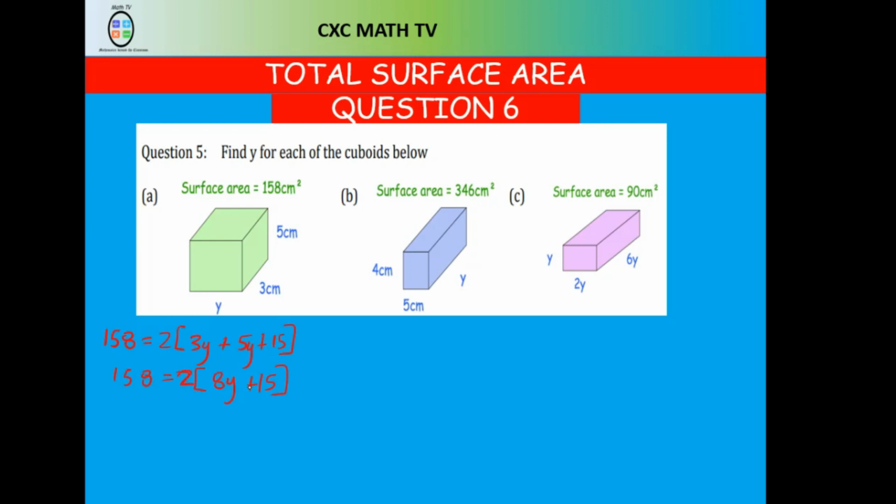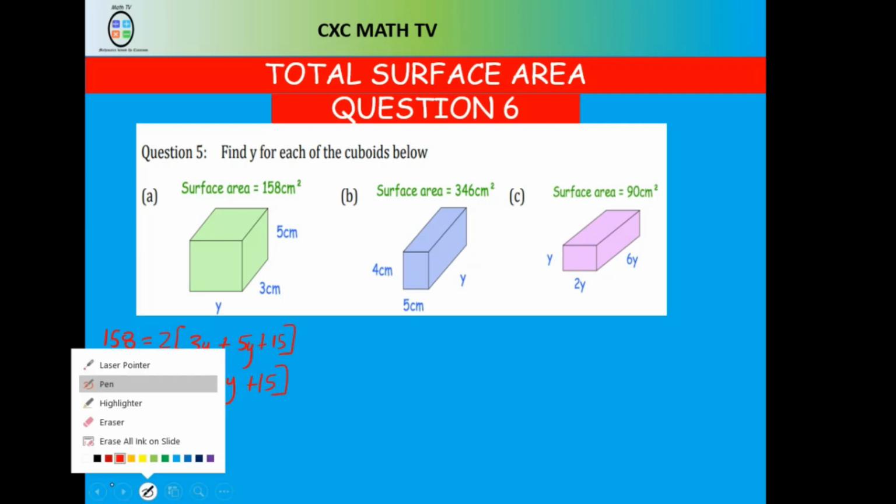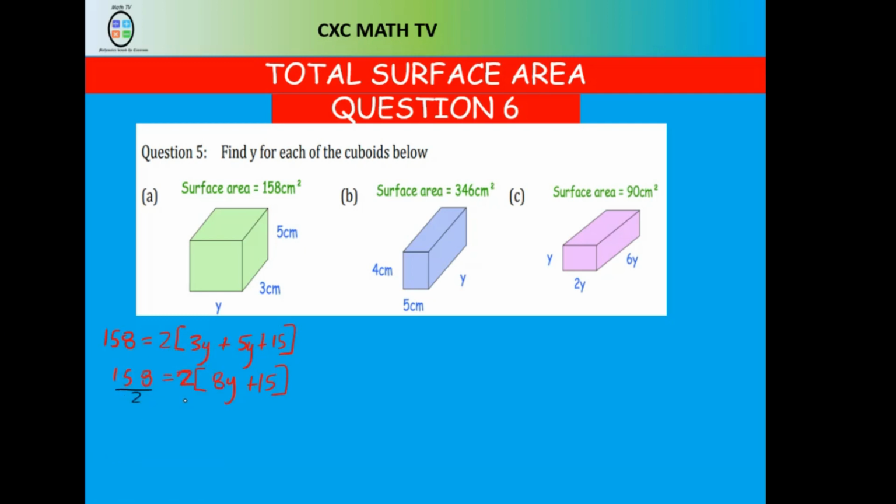What I would do is divide both sides by 2, and 158 divided by 2 is 79. So 79 is 8y plus 15. Then I subtract 15 from both sides, and we get 64 is equal to 8y. So y must be 8. Y is equal to 8 centimeters.